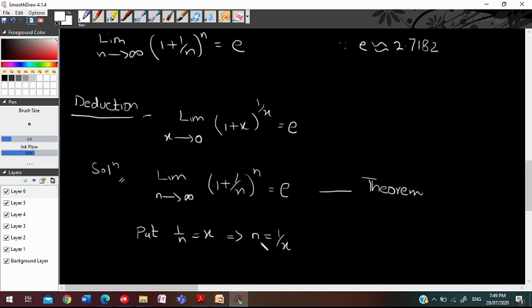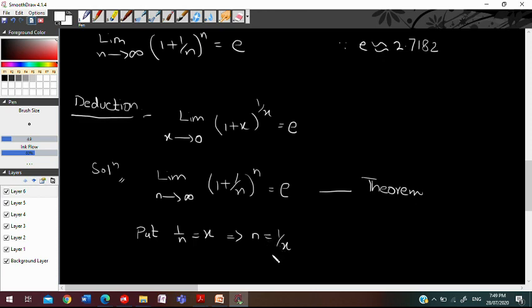We are using the statement of the theorem, and to convert this statement to this deduction, the first step is we suppose 1 by n is equal to this x. Here we have 1 by x instead of this n. So we are taking some supposition: 1 by n is equal to x, and through this expression we get n is equal to 1 by x.